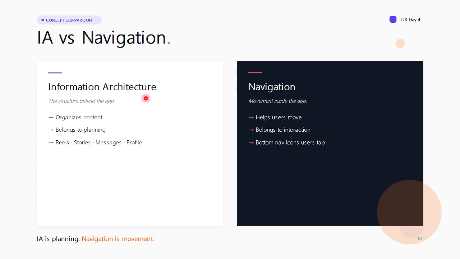If a civil engineer wants to build a building, first he designs the blueprint of that building. That is information architecture. Navigation is the movement inside the app. It helps users move. It gives the interaction, and includes buttons, icons and tabs. That is the comparison between information architecture and navigation.